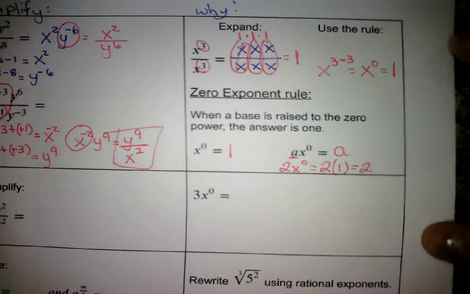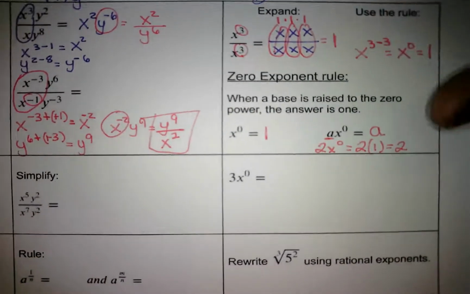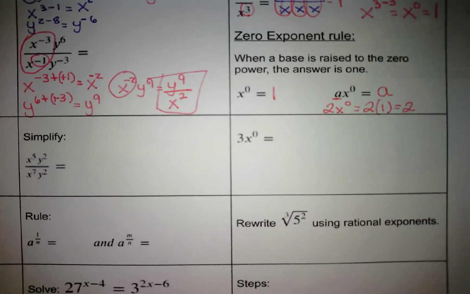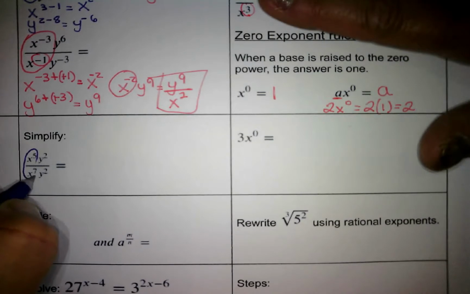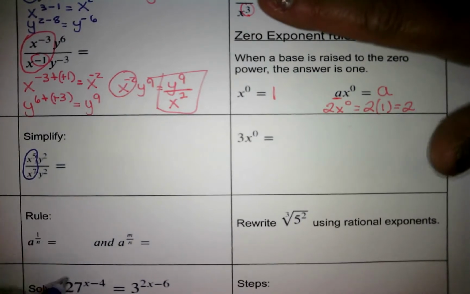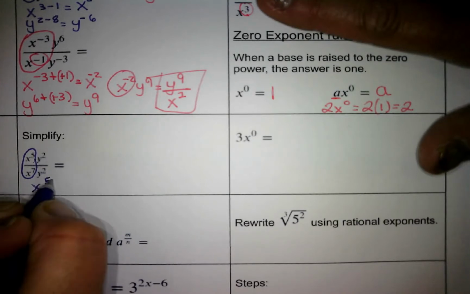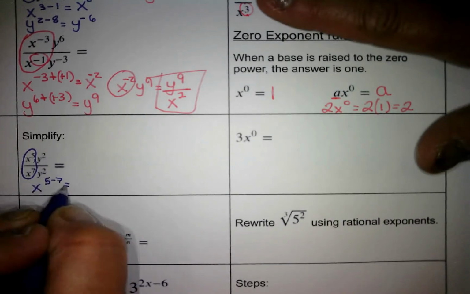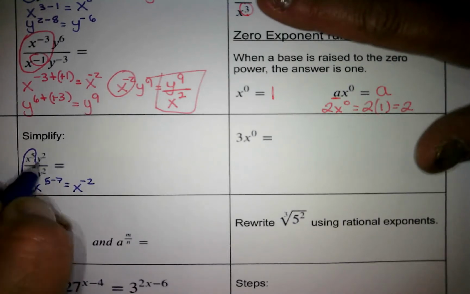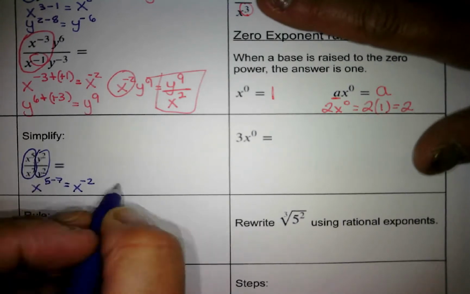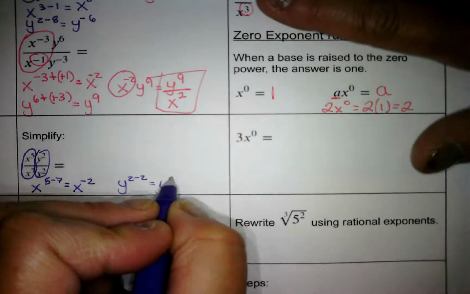So let's go ahead and simplify a couple of problems here. This first one says x to the 5th divided by y to the 7th. That's division, so we're going to take 5 minus 7, and we get x to the negative 2nd power. And let's do our y's. We get y to the 2 minus 2, which is y to the 0, which is not 0, it is the number 1.